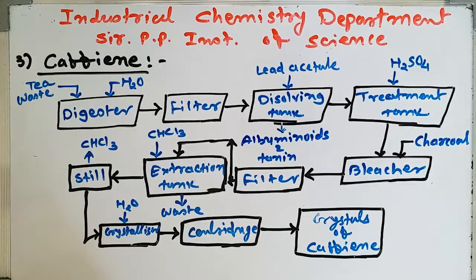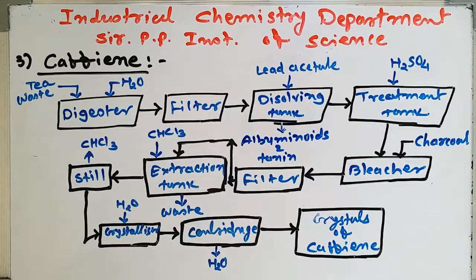Water is added for crystallization. Removal of water and crystals of caffeine are obtained. From this route we get caffeine. Generally, caffeine is used in food additives and also in pharmaceuticals.